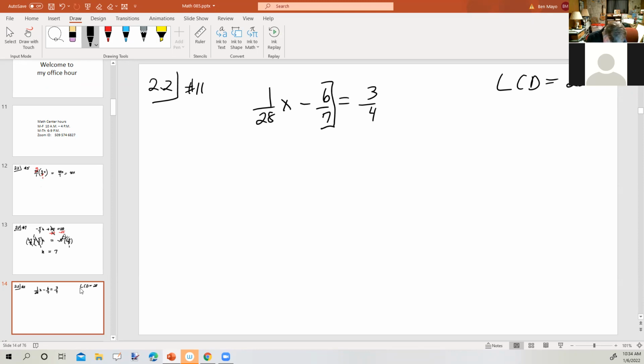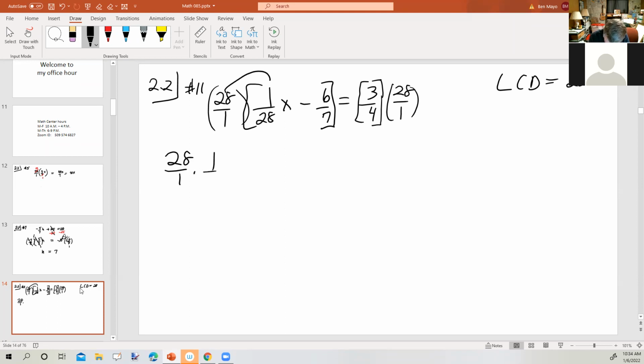So I'm going to multiply both sides of the equation by 28, or 28 over 1. Same thing. Okay, so distributing, we get 28 over 1 times 1 over 28 times x minus 28 over 1 times 6/7 equals 3/4 times 28 over 1.